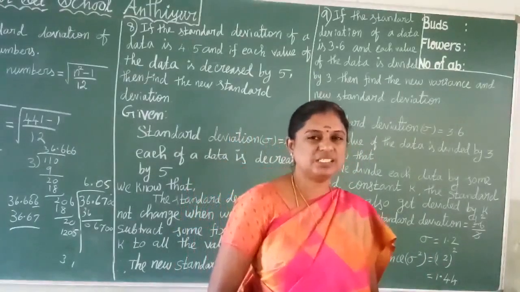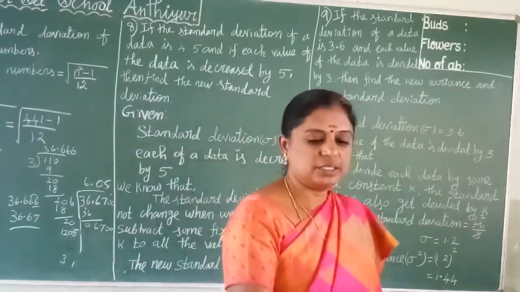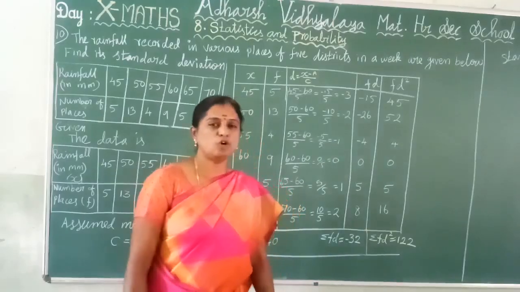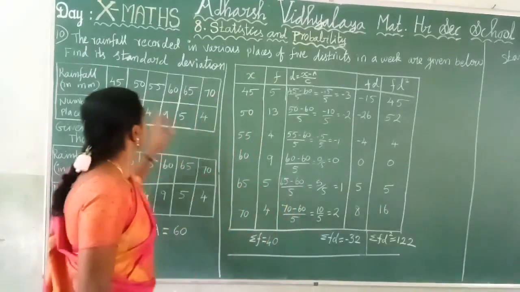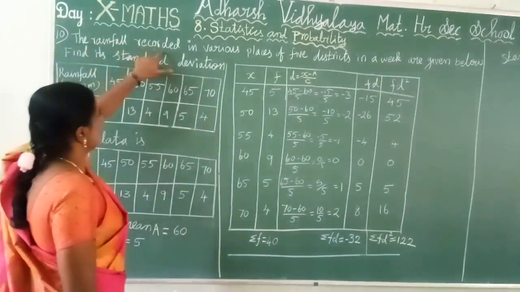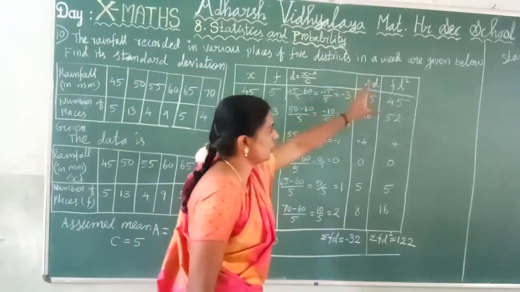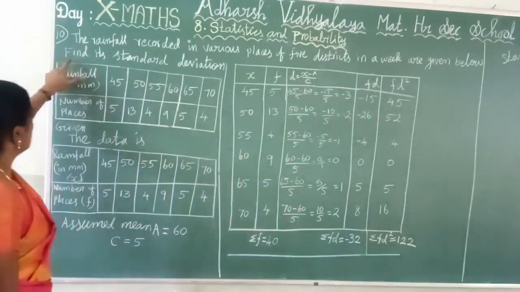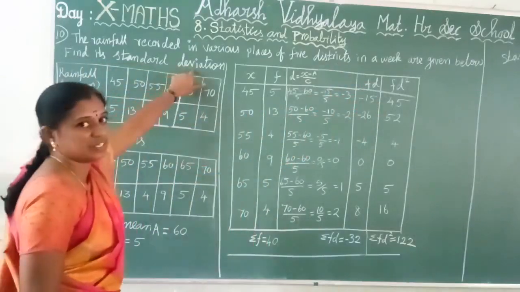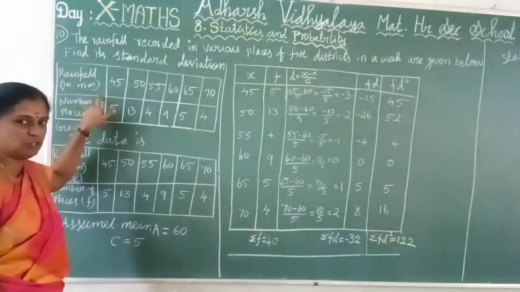Clear this concept? These are the 2 mark questions. Now we see the 10th question. The rainfall recorded in various places of 5 districts in a week are given below. Find its standard deviation. The data are given in the question itself.